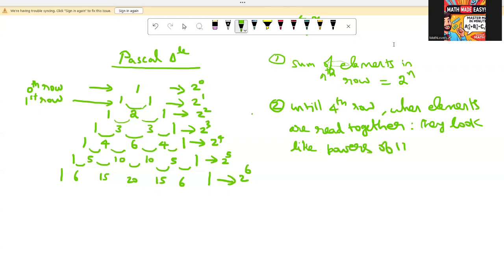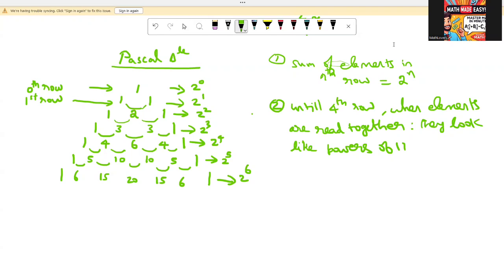You can read that with me. It's 1, which is 11 power 0. Here it is 11, which is 11 power 1. This is 121, which is 11 square. This is 1331, which is 11 cube. This is 14,641, which is 11 power 4. Until the fourth row. After that, that property doesn't work. But until then, it works like this.